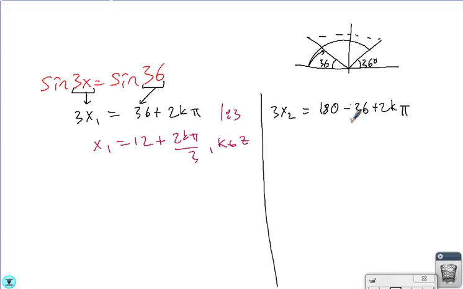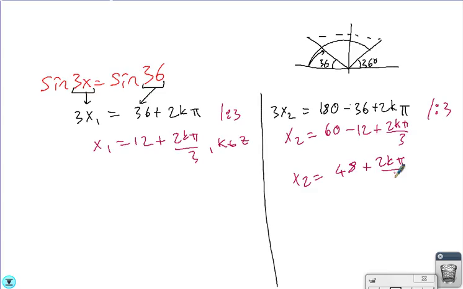But remember, we already divided 36 by 3, so dividing first will be easier. For x2, 180 minus 36 gives 144, divided by 3 is 48, plus 2k pi over 3. I hope that you have the same answer in your notebook.